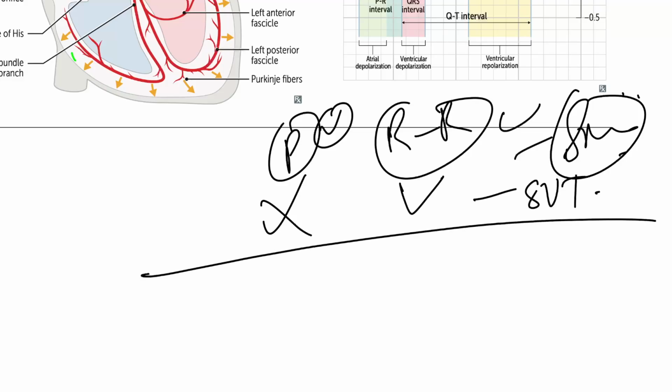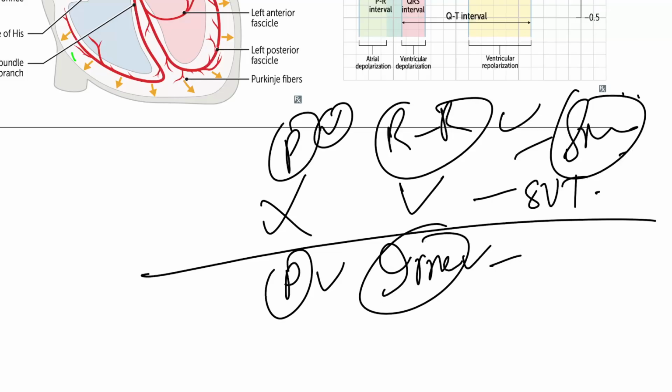Second thing is if you don't have a P wave and you have an irregular RR, then you call it AFib, irregular rate and rhythm.